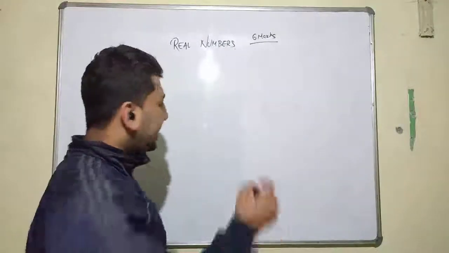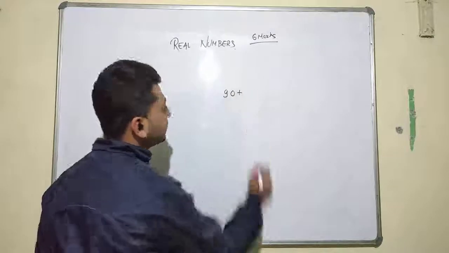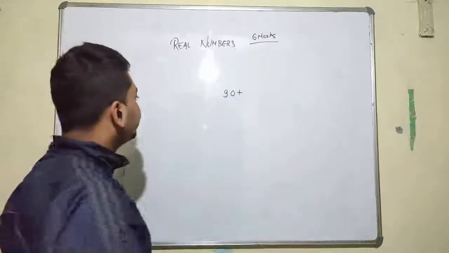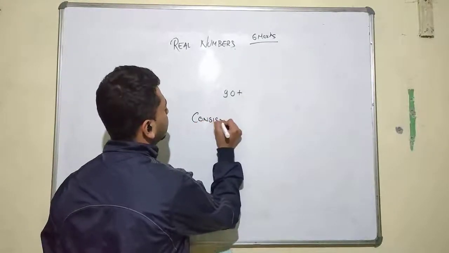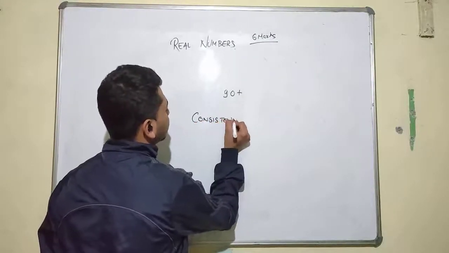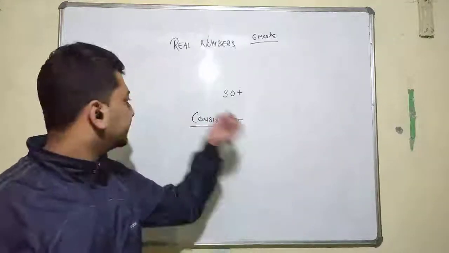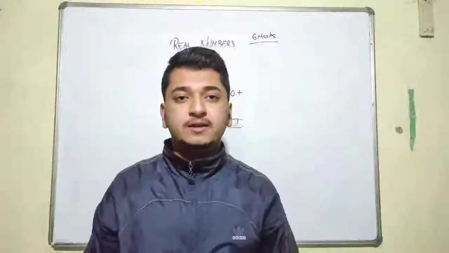So, for 90 plus marks in mathematics in boards, you need to be consistent. Okay, you need to be consistent. You have to practice maths regularly.